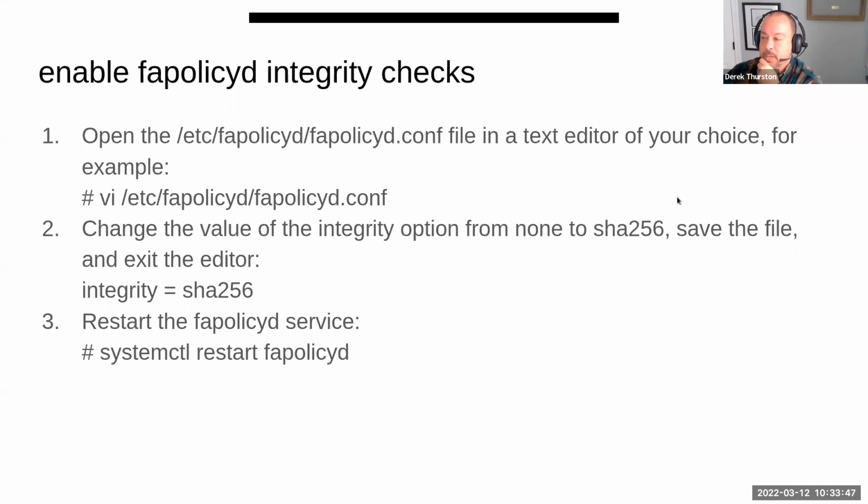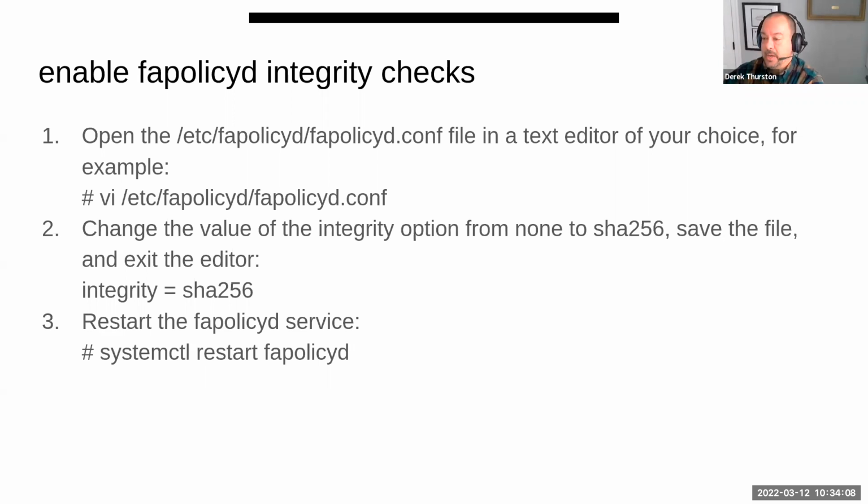So hopefully this won't be too much longer. But faPolicyd integrity checks you can enable through the configuration file, and you have to choose one of the options that were mentioned before.